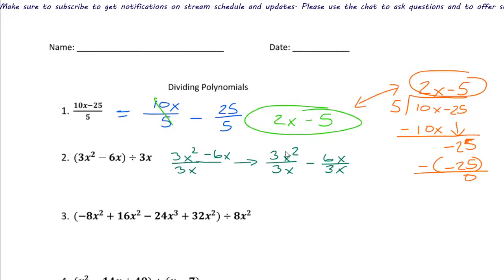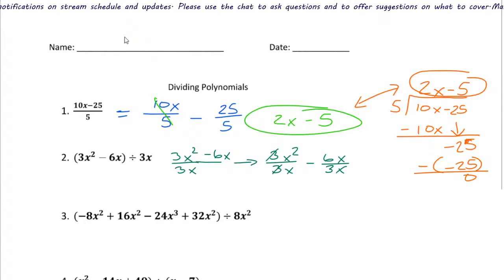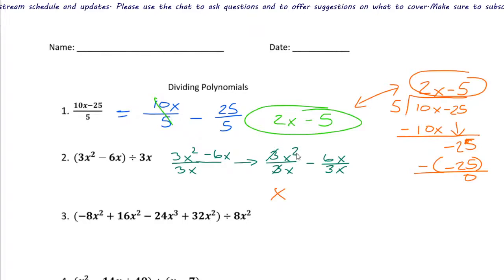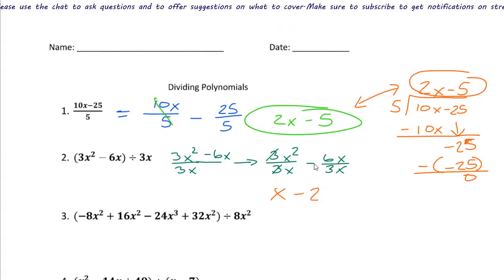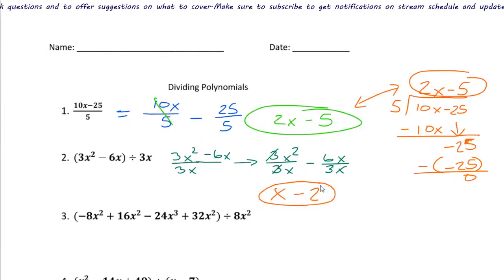If we cancel this out, 3 divided by 3 is 1. x squared divided by x is just x. And then we're going to do it for the next term. So 6 divided by 3 is going to be -2 because it's a negative. And then x divided by x is just 1. So this would be our answer.